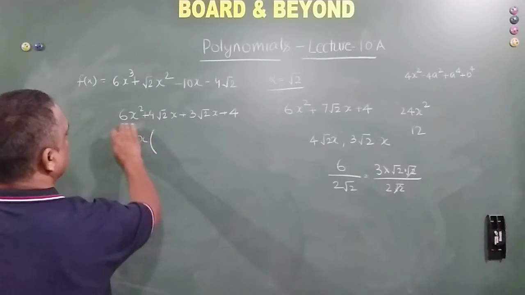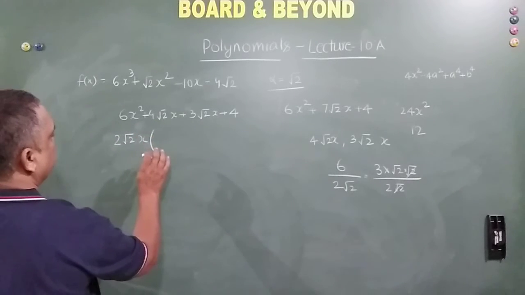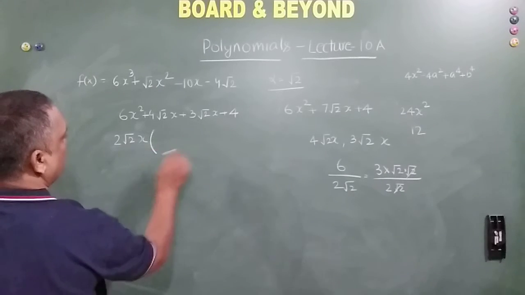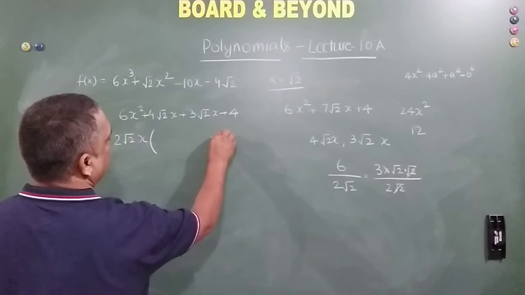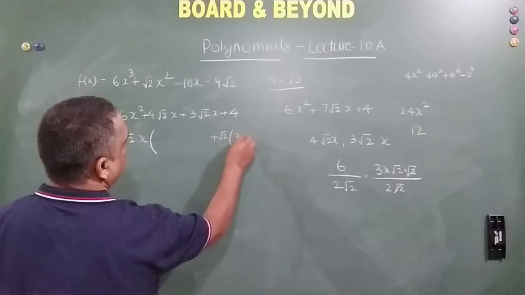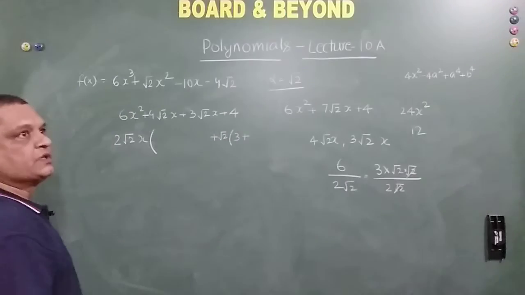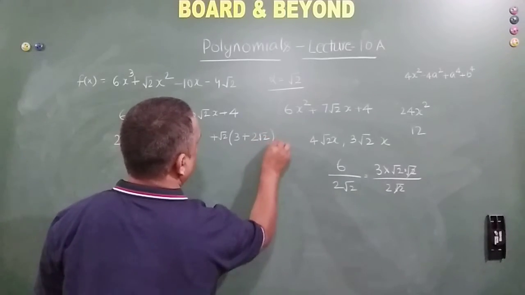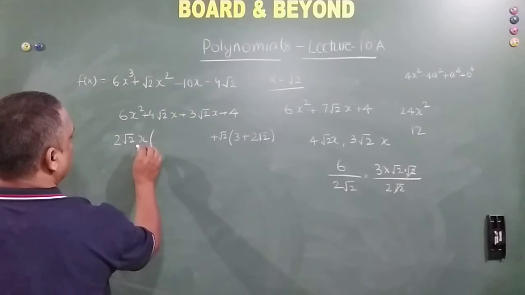Or else we can do one thing. See, we have taken 2 out, so what we can do is take only 2. Let's see what happens if I take root 2 common here. This is 3 plus 4 divided by root 2, which is 2 root 2.